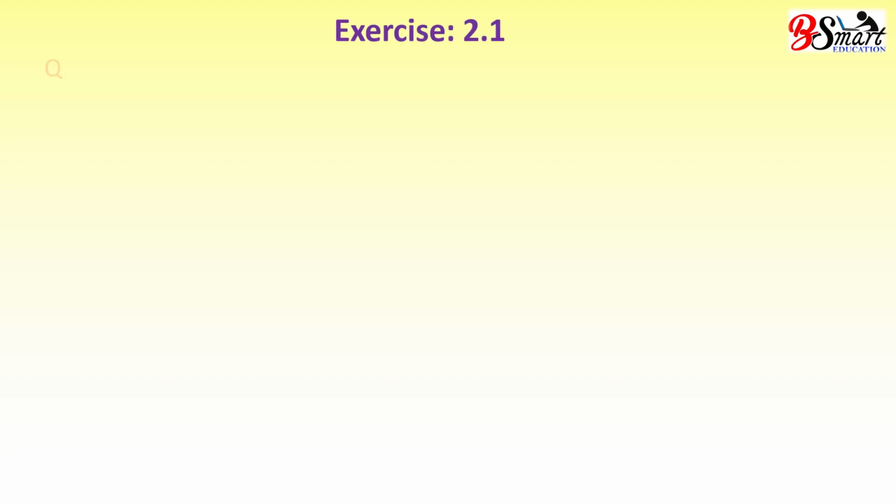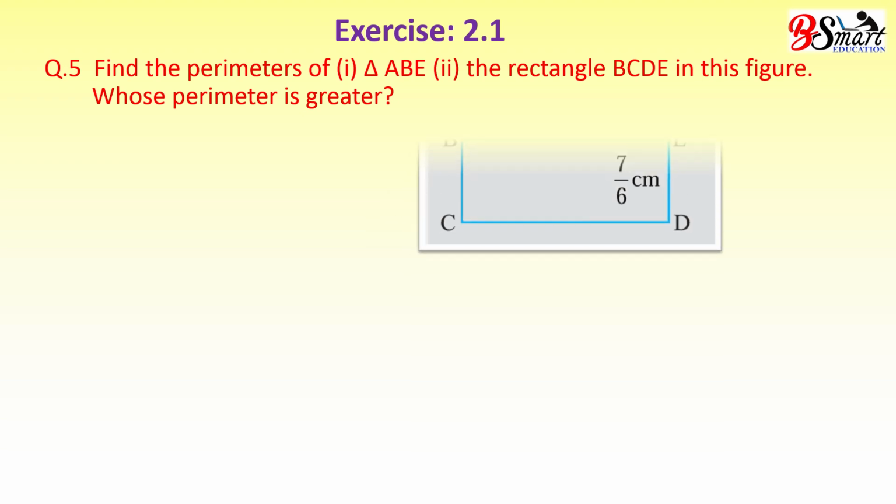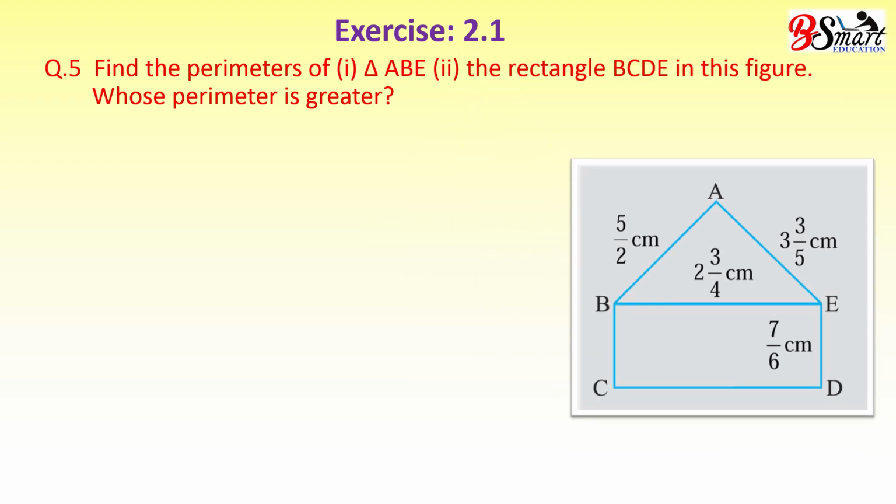Question number 5. Find the perimeters of first sub-question triangle ABE, second the rectangle BCDE in this figure. Whose perimeter is greater? Perimeter is the sum of all the sides.